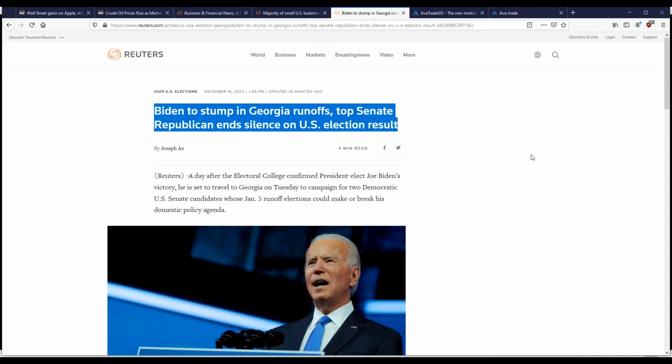They have the House as well, the Democrats. If they win the Senate, they have full control of all 3 branches of government, the presidency, the House and the Senate, and that means they could push through anything they want.